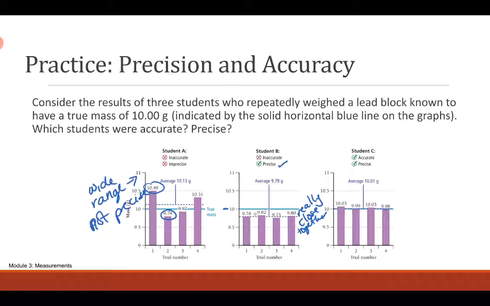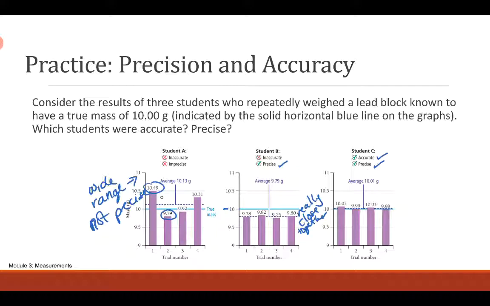All of these are below. For student C, all the measurements are really close to 10.00, and there's not a lot of fluctuation. All of them are just really close. And so it's both precise and accurate.